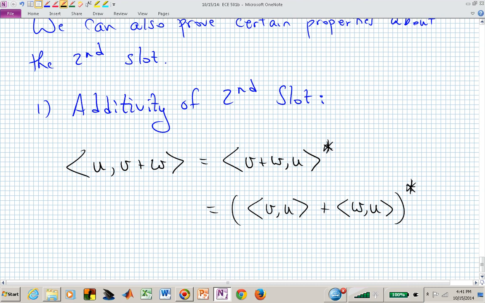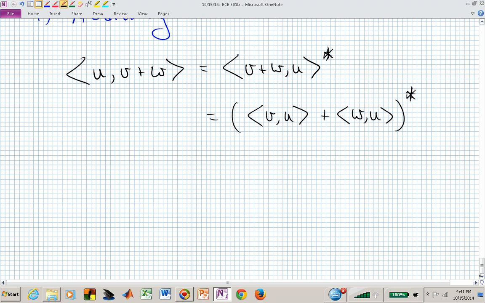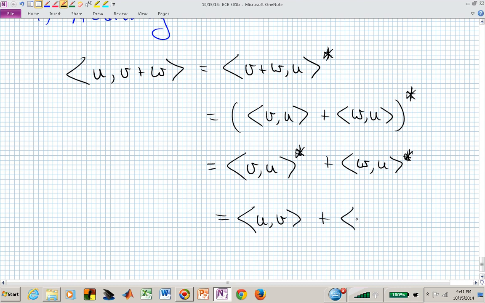And we can conjugate that, but the complex conjugate could be applied to both of those pieces separately, so that now we have VU complex conjugate plus WU complex conjugate. But we can get rid of the complex conjugate by reversing the order again. And now we have UV plus UW.